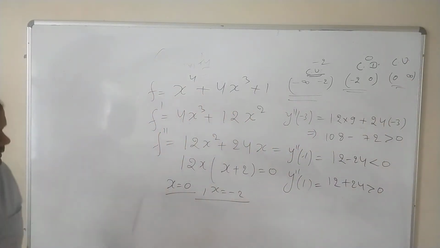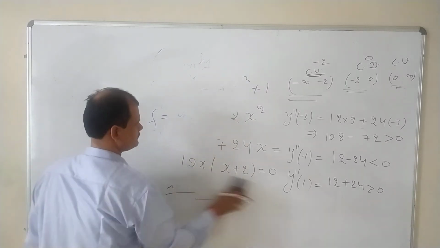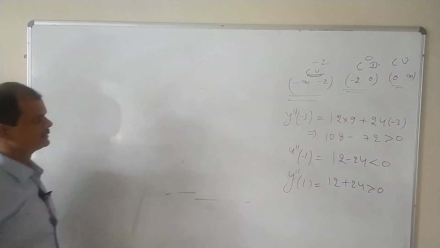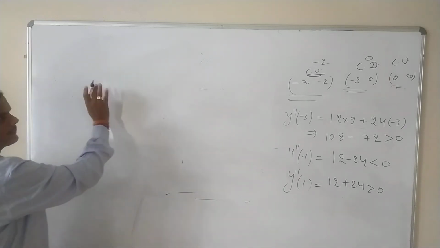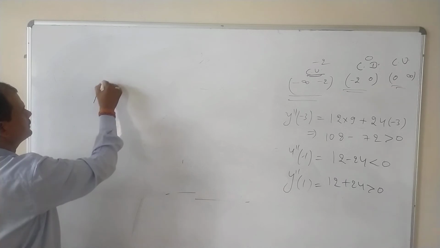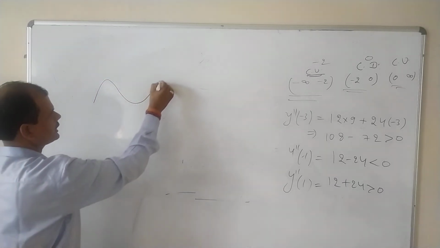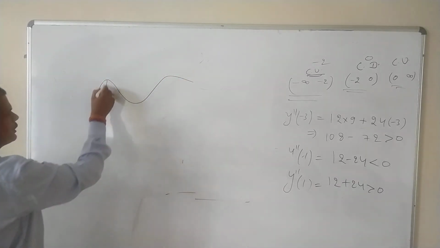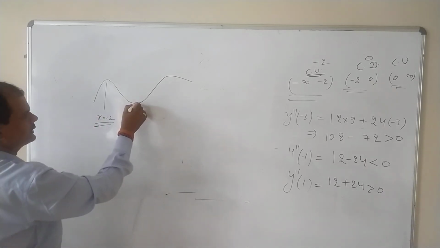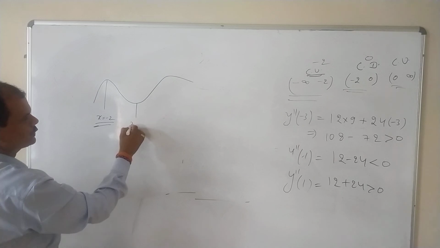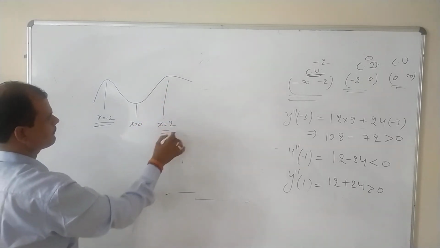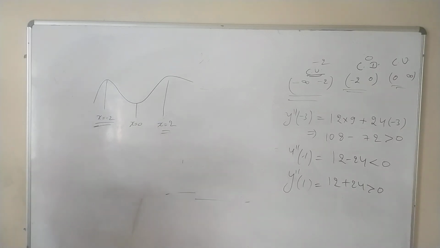So concave up, concave down and again concave up. If you draw a diagram of this, it will be like concave up, concave down, concave up like this. So here x equal to minus 2, and here x equal to 0. So this is your concave up and concave down.